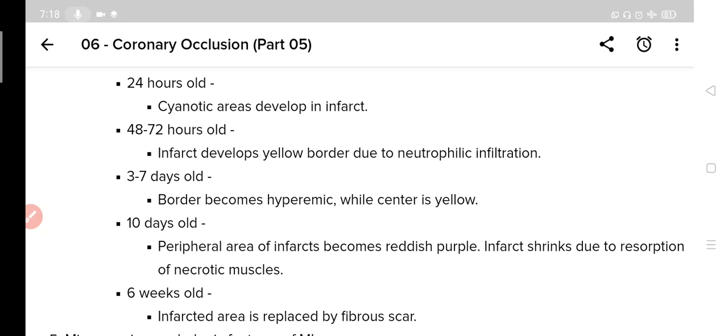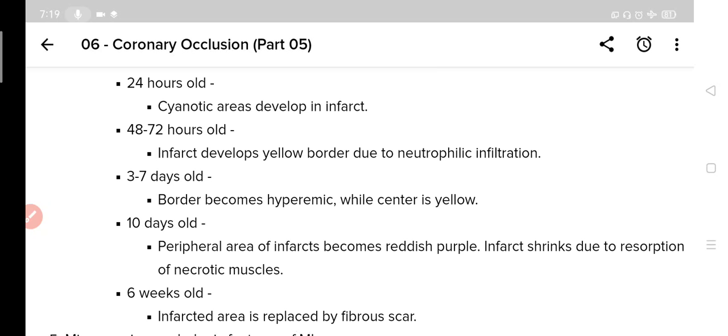After 24 hours, a cyanotic area develops in the infarct. Cyanotic means a bluish color, because cyanosis develops when oxygen supply to a part is stopped. Obviously in myocardial infarction, blood supply is stopped, so oxygen supply is also stopped, so cyanosis develops.